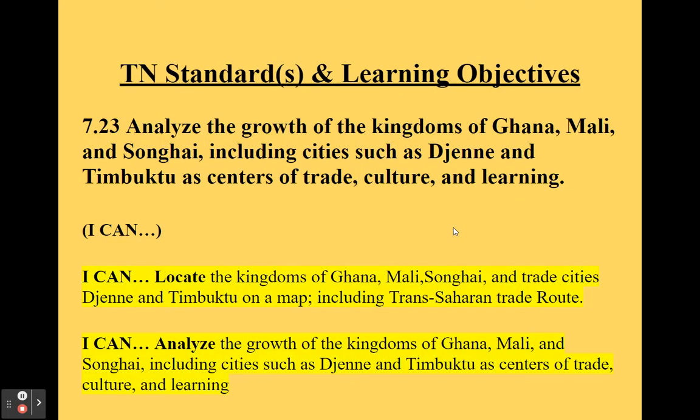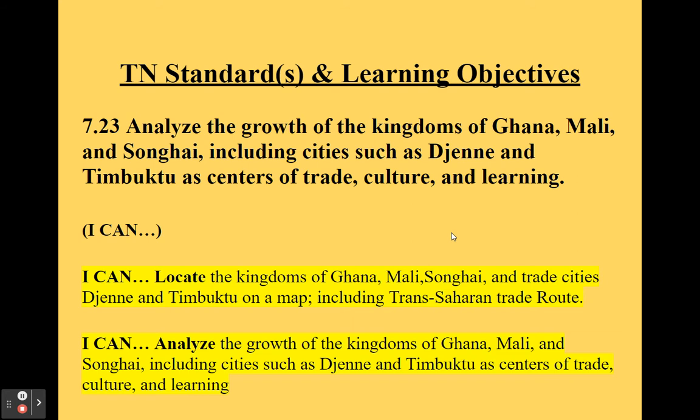All right, again, want to review. We are still analyzing the growth of the kingdoms of Ghana, Mali, and Songhai, including the cities of Timbuktu and Djenné as centers of trade, culture, and learning. Okay, we've seen multiple maps of Ghana and Mali and Songhai. All right, the growth of the kingdom. All right, so Ghana grew due to trade routes, due to the trade of gold and salt.